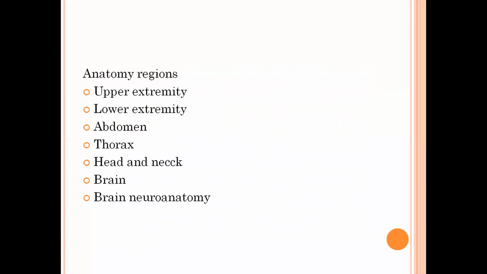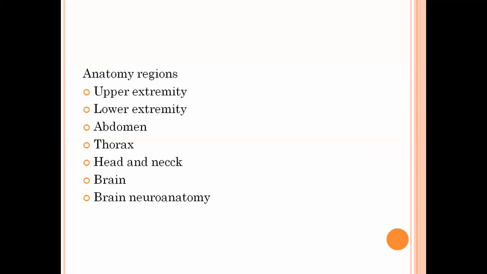Anatomy is divided into some regions of our body, and these regions are anatomy of the upper extremity, anatomy of the lower extremity, anatomy of the abdomen, anatomy of the thorax, anatomy of the head and neck, and anatomy of the brain, neuroanatomy.